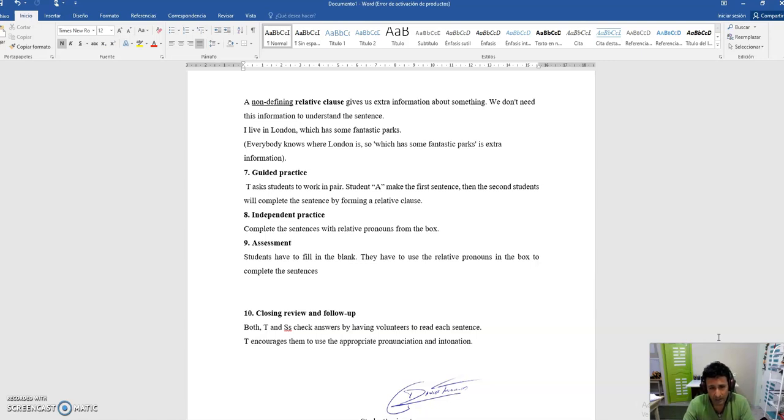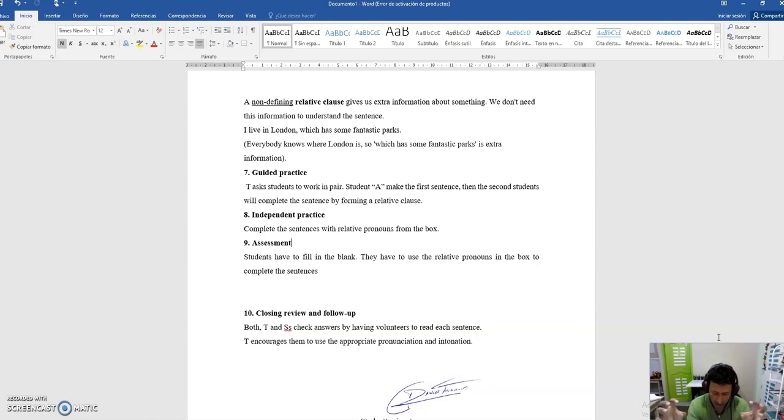Sometimes the students are a little afraid when they hear assessment or work, because they say, oh, I will get a score, it is an evaluation. But no, it's an exercise. It is good for them. In the assessment, they have to fill in the blanks.